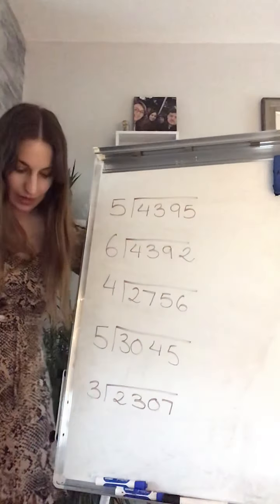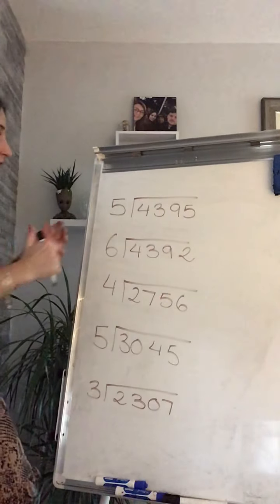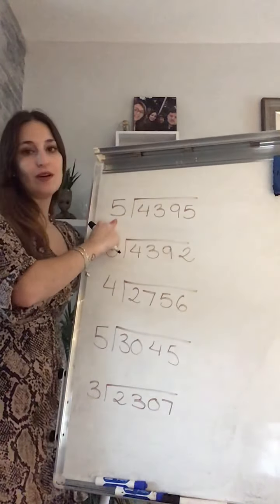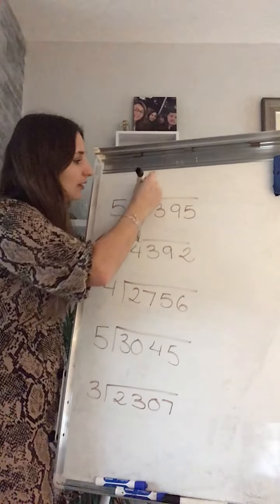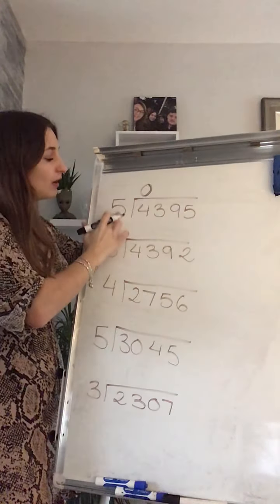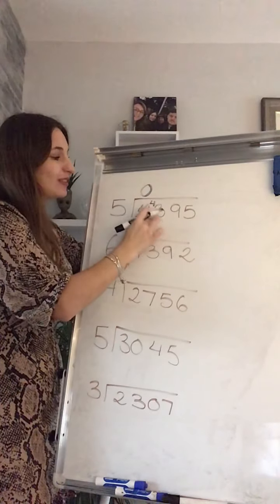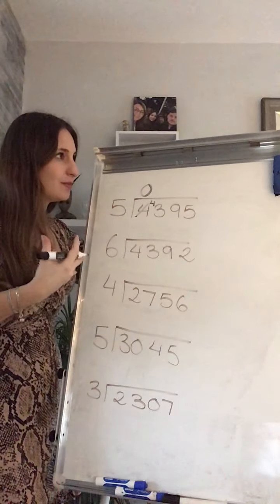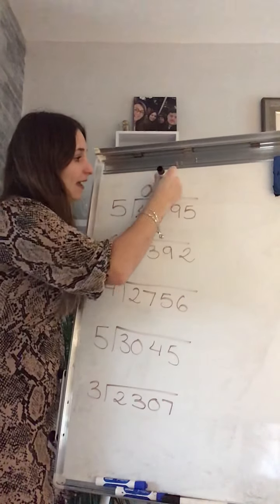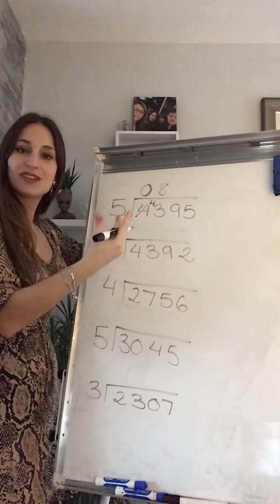Okay, so let's correct them. You have 4 divided by 5. Well, 4 is smaller than 5, I cannot do that. So 0 times 5 is 0. I carry my 4 and I make a 43. 43 divided by 5: 8 times 5 is 40, 41, 42, 43.